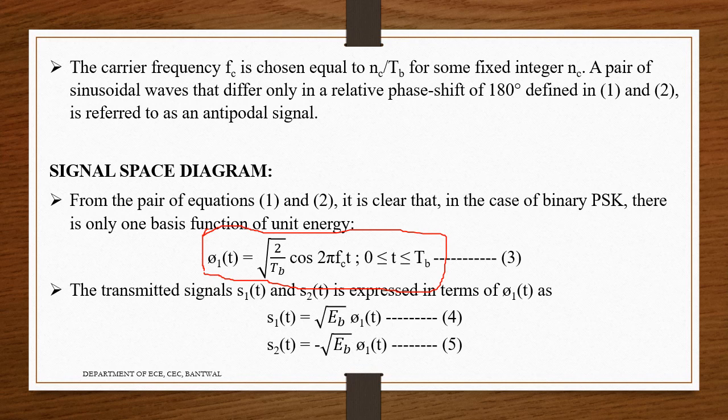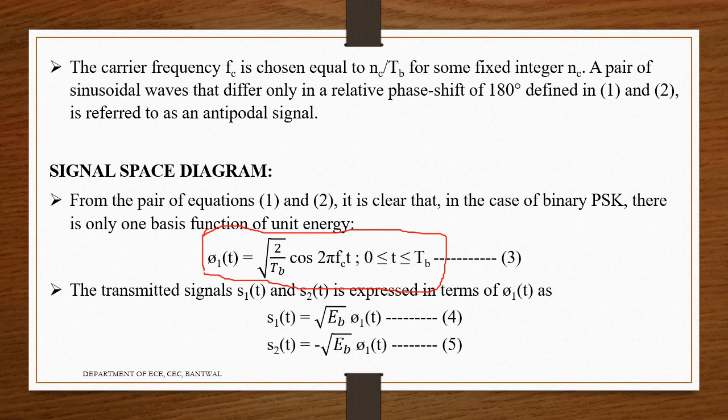So I represent equations 3, 4 and 5, that is equations 1 and 2, in terms of the basis function. I generalize this because when solving a block diagram, it will be easy to use it as a coherent, synchronous local reference.